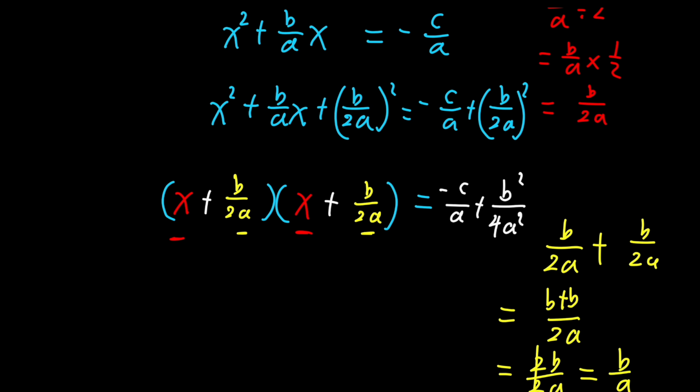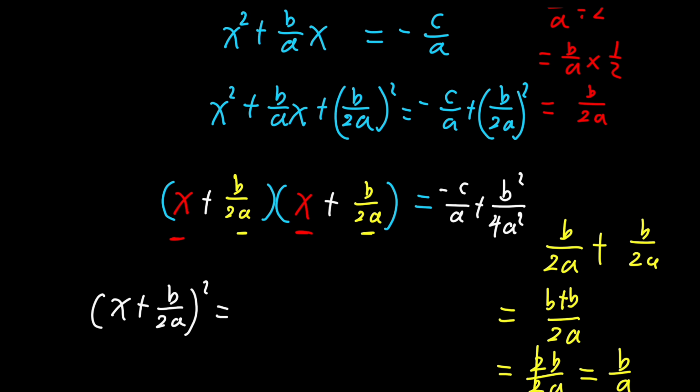Then, since these two parentheses are the same, we can rewrite it as x plus b over 2a squared. And on the right hand side, we can simplify it further.